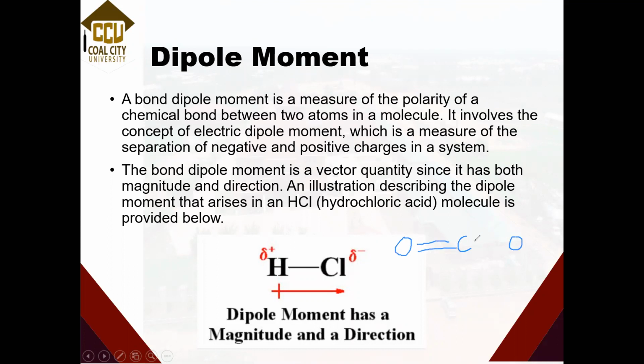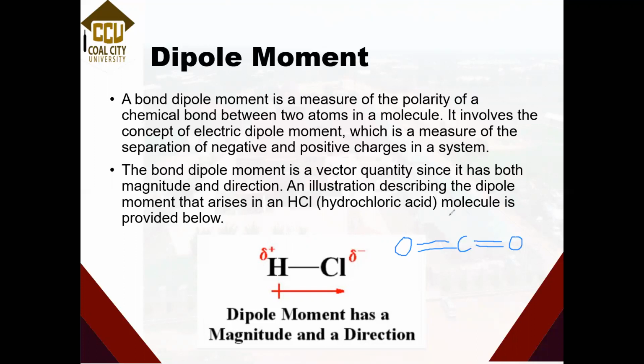If you remember your Lewis structure, you will know that they have double bonds between the carbon and oxygen atoms, and we might still look at how to get the molecular structure as we proceed with this course. So now this is the structure of carbon dioxide. In carbon dioxide, you can see we have a bond between oxygen and carbon, and then another bond between carbon and oxygen. So there are 2 different bonds.